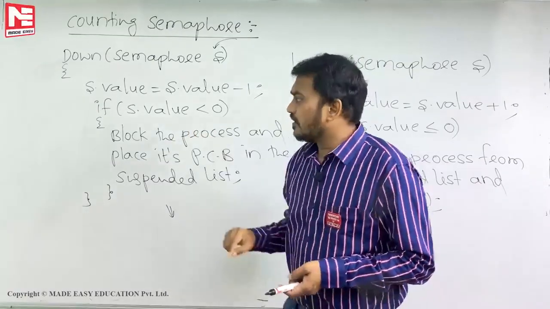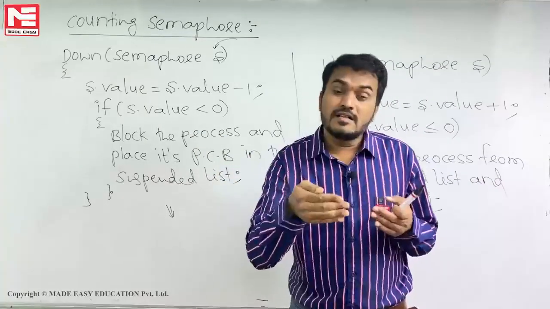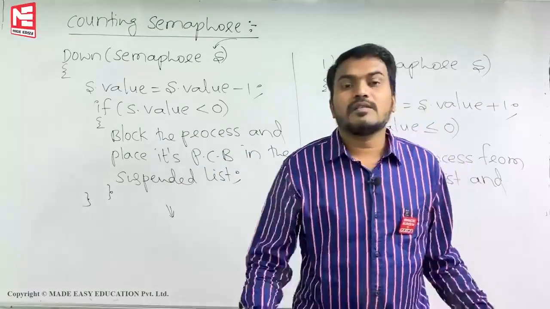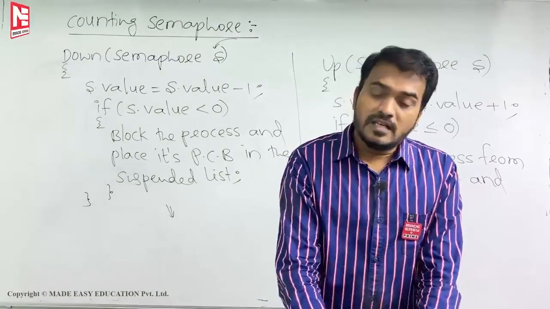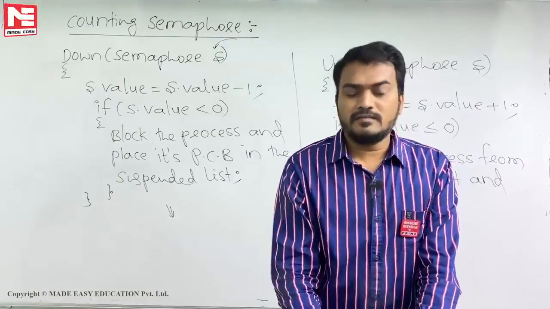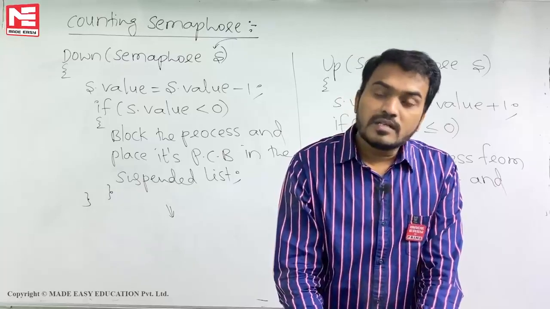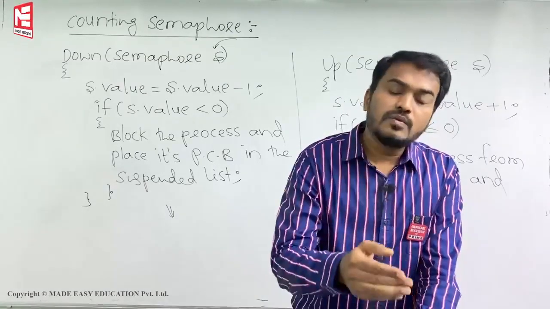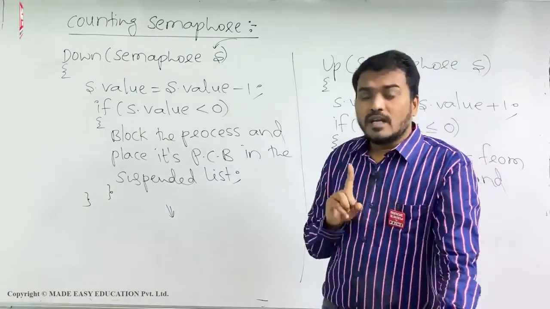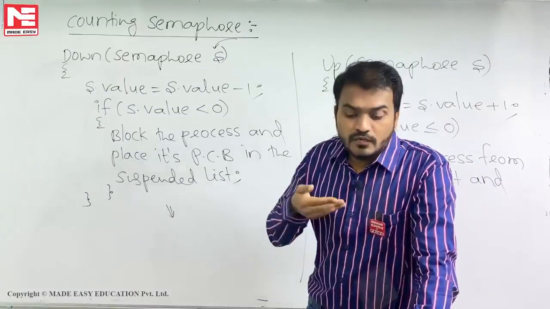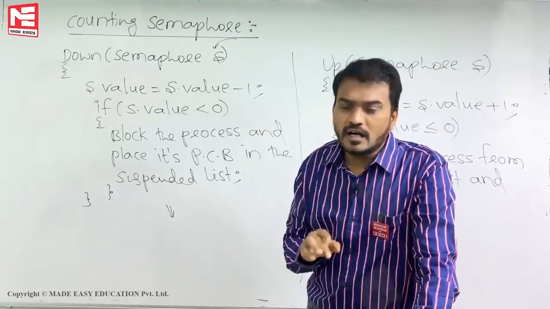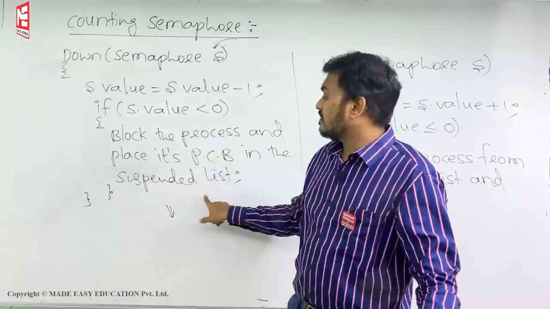If it is an unsuccessful down operation, the process will not continue further execution, and the process will be placed in the suspended list.